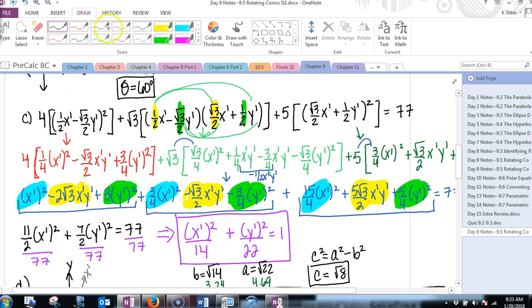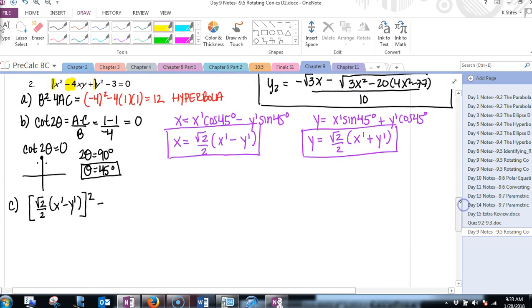So this is not like having this 4 out front. Okay, the 4 isn't distributing until after you square all of this. But here, this whole thing is x, so the root 2 over 2 is getting squared as well. So just be careful of that. Okay, minus 4.